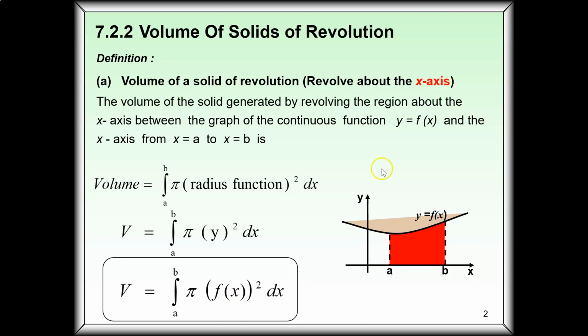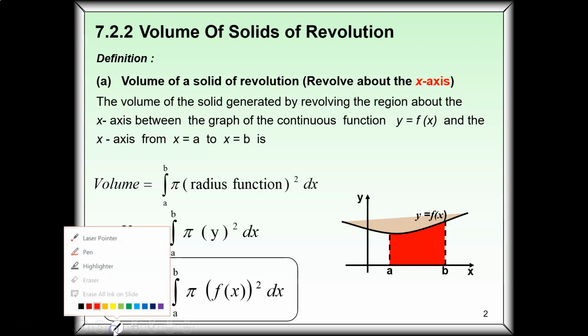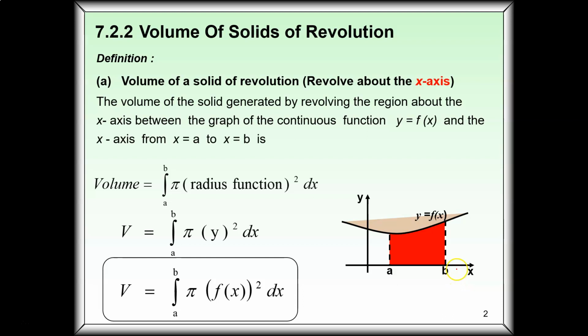Let's say we have a curve. This is the curve y equal to f(x). You have a definite integral from a to b. The region will be over here, the red region, this red box. You're going to revolve it about the x-axis. Revolve it around the x-axis.